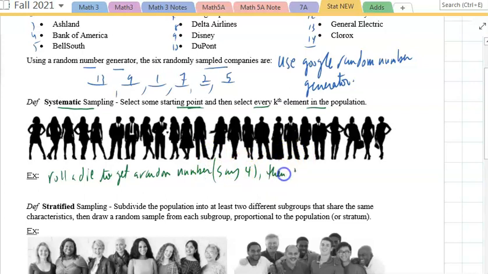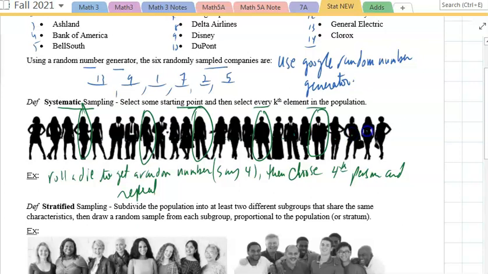Then choose the fourth person and repeat. So 1, 2, 3, 4, 1, 2, 3, 4, 1, 2, 3, 4. These are the people you're choosing.